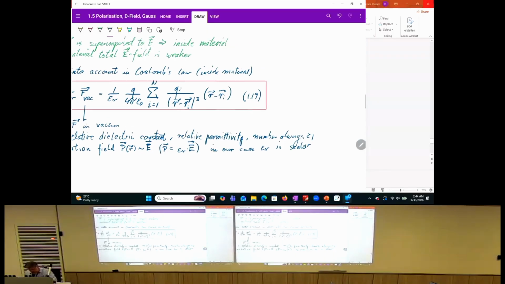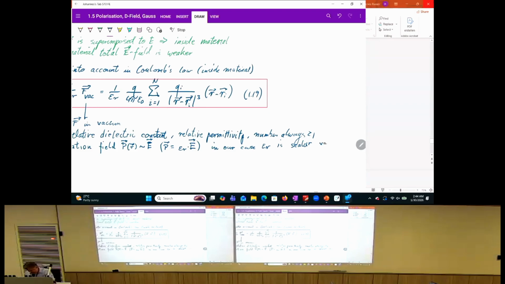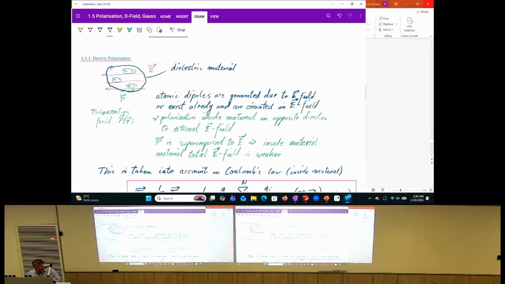But I want to give you an outlook, or to be more complete, to tell you that there are also other scenarios. For example, you can have materials where the polarizability is spatially dependent, and you might have a different polarizability if you have an E field that runs vertically or horizontally. That is a property of the material, that it doesn't have the same polarizability in all directions.